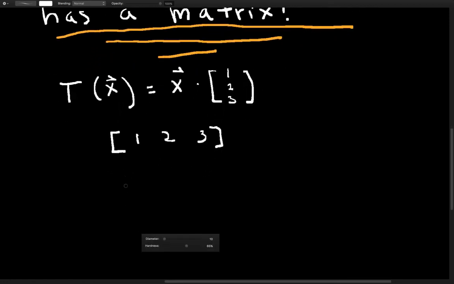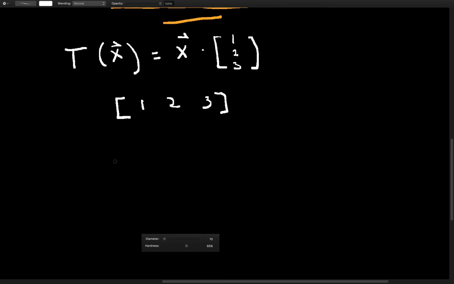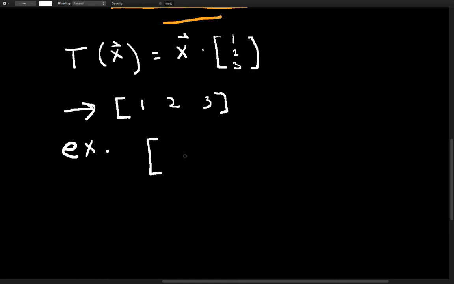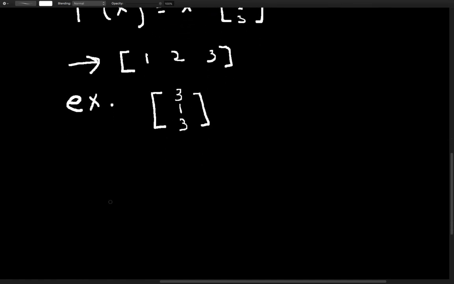The reason this works is that, let's say we had some regular old vector somewhere, say (3, 1, 3). Now that we know this transformation can be represented by this matrix, we could apply the transformation to it really quickly.